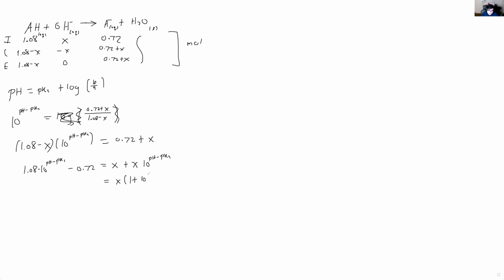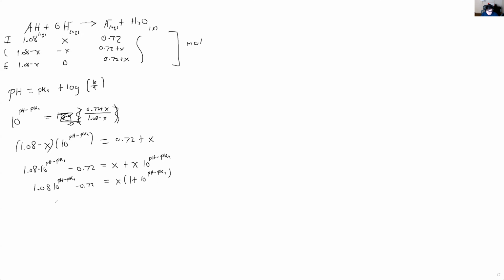1 plus, oh yeah. So I think I worked on this in office hours and I got the exact same thing. Or at least it looks very similar form-wise. 1 plus 10 to the pH minus pKa, times x, equals 1.08 times 10 to the pH minus pKa minus 0.72.